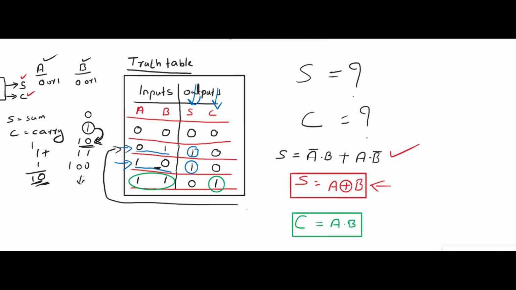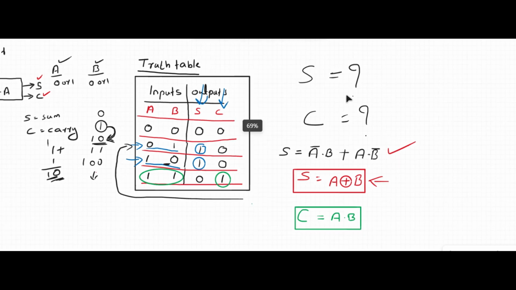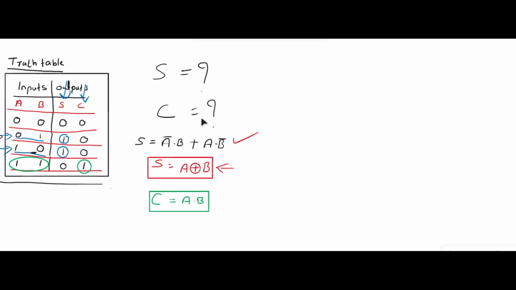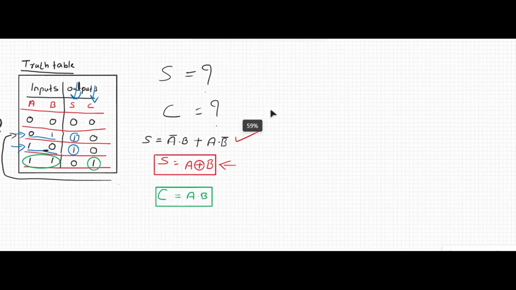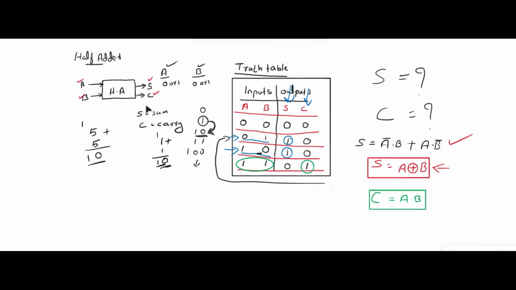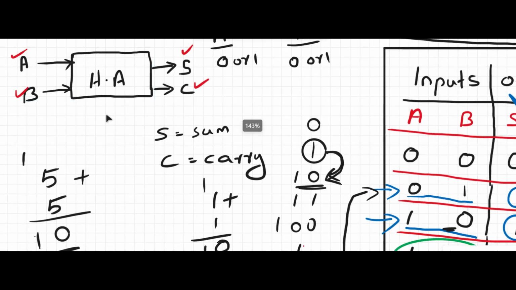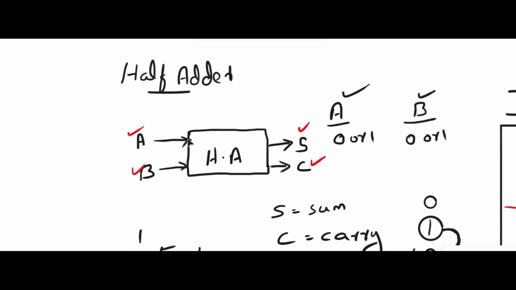So we have completed writing the logic expression. Now we will see how to draw the logic diagram. Already we have drawn the logic symbol. This is the logic symbol for the half adder.